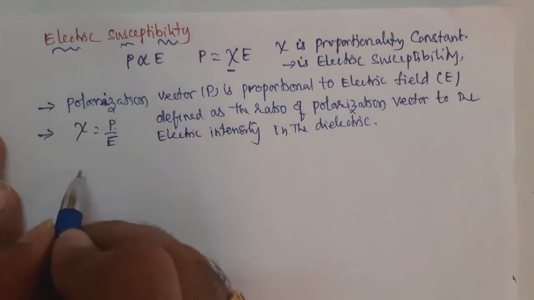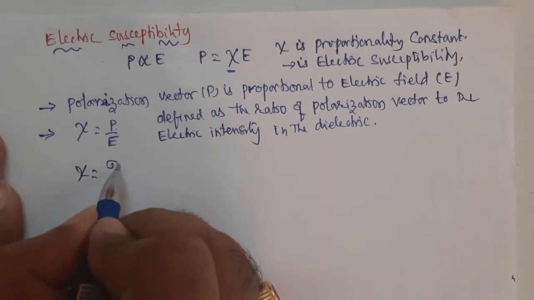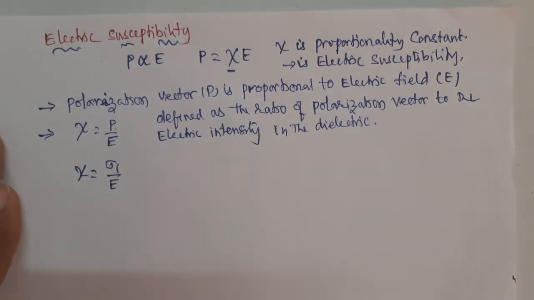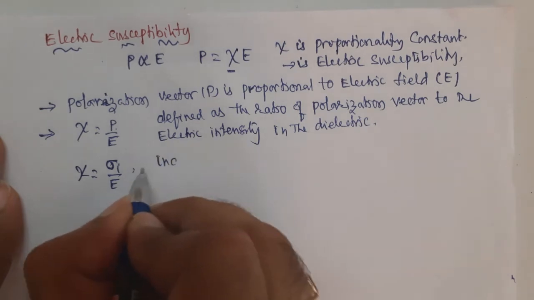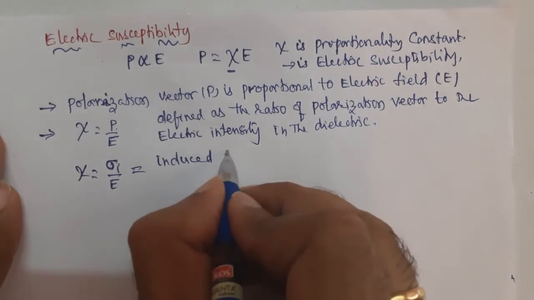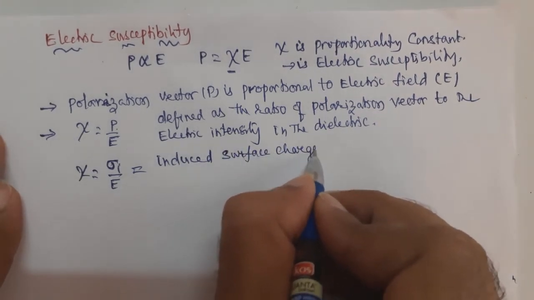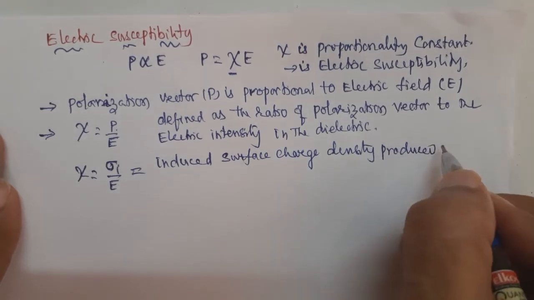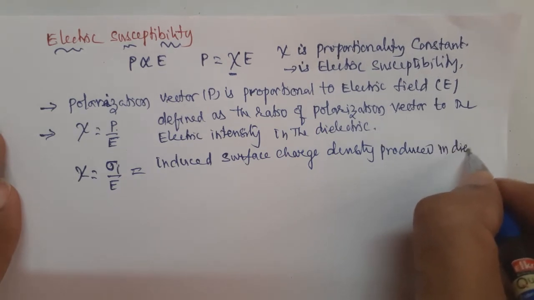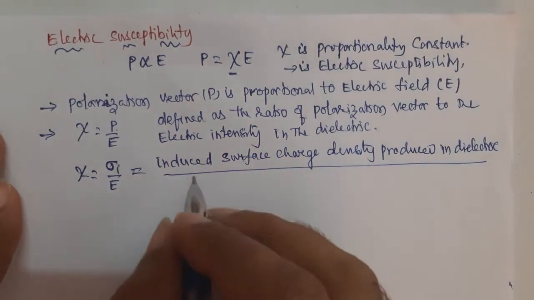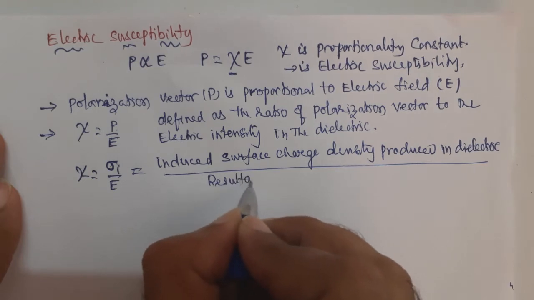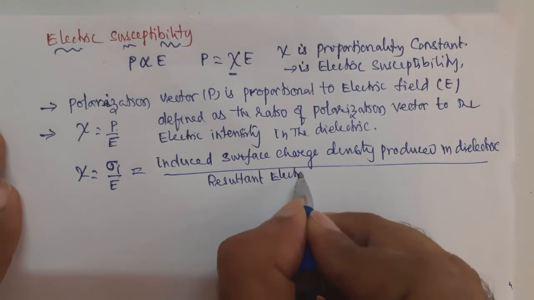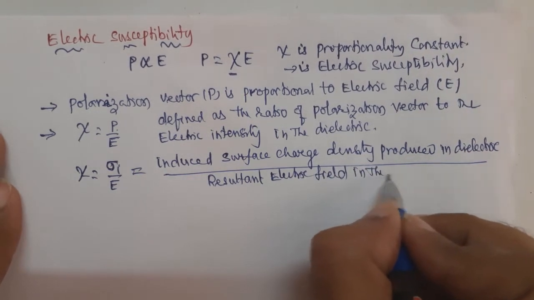And the same electric susceptibility can also be defined as Xi is equal to sigma I by E, the induced surface charge density produced in the dielectric divided by the resultant electric field in the dielectric.